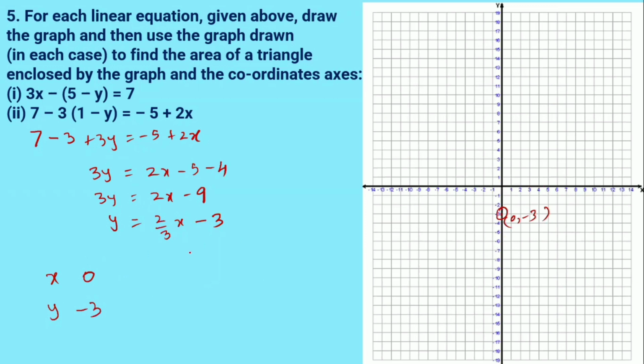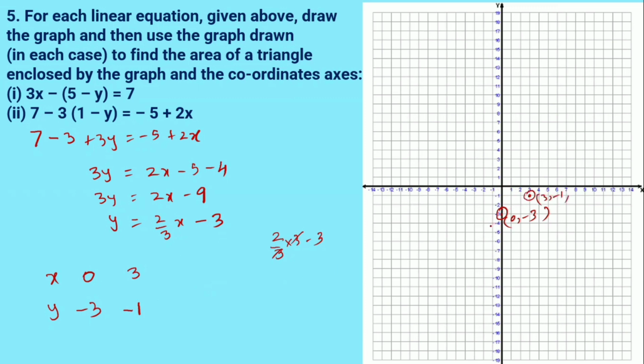If you take x is equal to 3, 2 by 3 times 3 minus 3, the 3s get cancelled, 2 minus 3, we get y is equal to minus 1. So x is 3 and y is minus 1, this point, 3 comma minus 1.